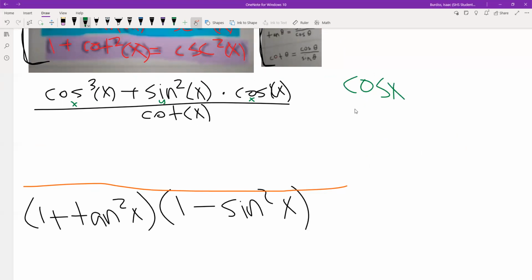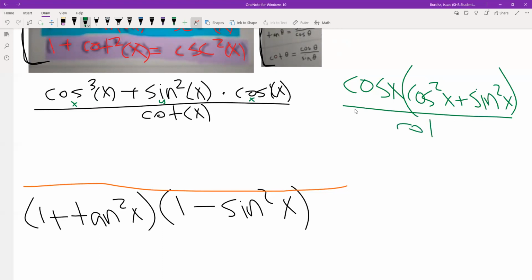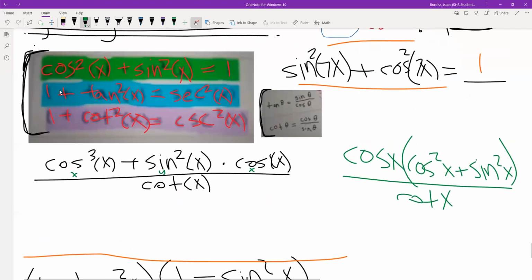I don't need to do parentheses right now. And then we have cosine squared x plus sine squared x divided by cotangent x. Oh, well, our Pythagorean identity says that this is just 1.